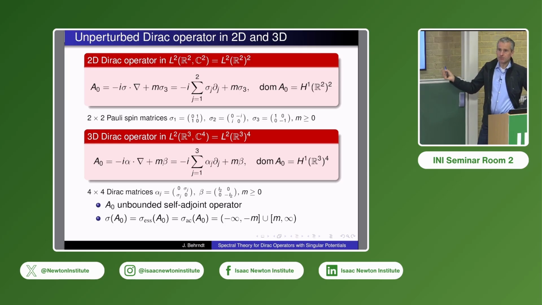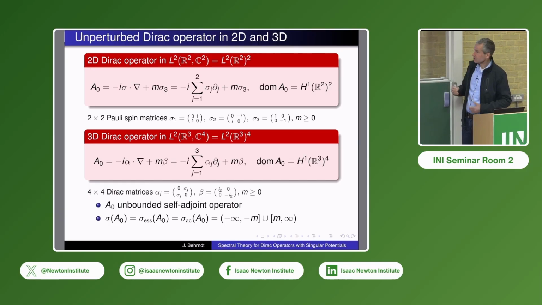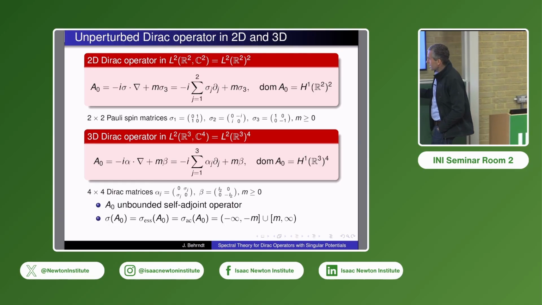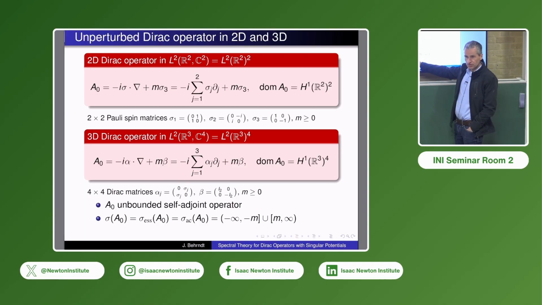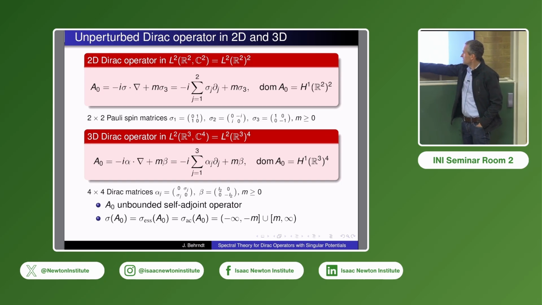This is an unbounded domain, R2, R3, so you expect some continuous spectrum, and this you can just read off by doing the Fourier transform. The essential thing here which makes the theory for Dirac more difficult is that these operators are not semi-bounded. So you have 2 strips of continuous spectrum. There is a gap around 0.